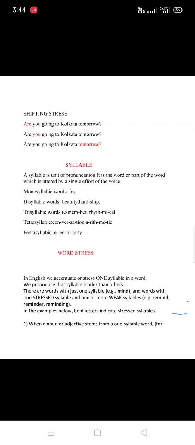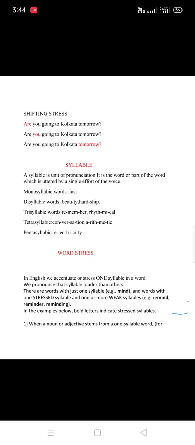Okay. Now, shifting stress. Listen to me carefully, then you will be able to understand what is shifting stress. I'm going to read the sentences. Are you going to Kolkata tomorrow?